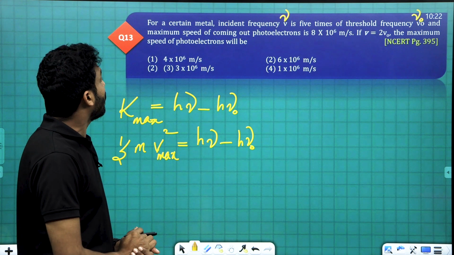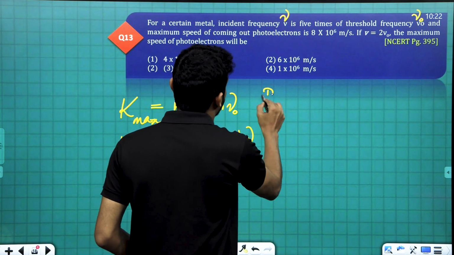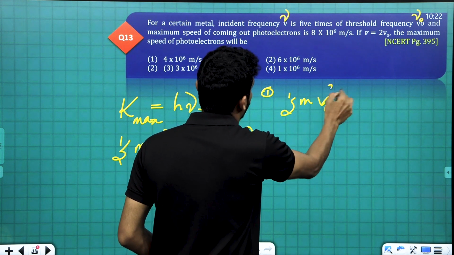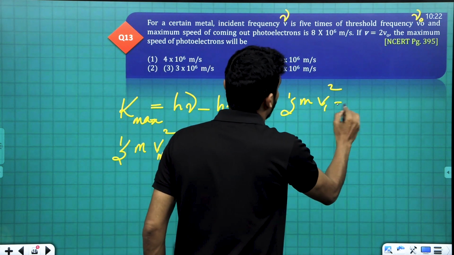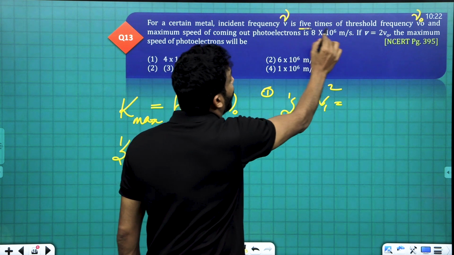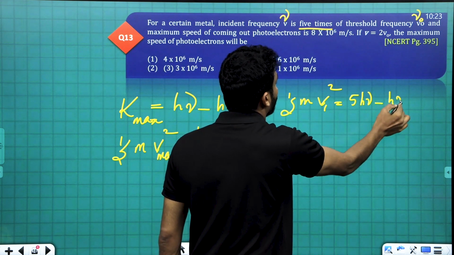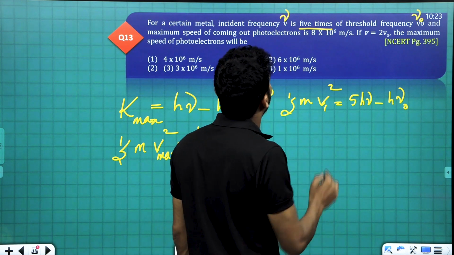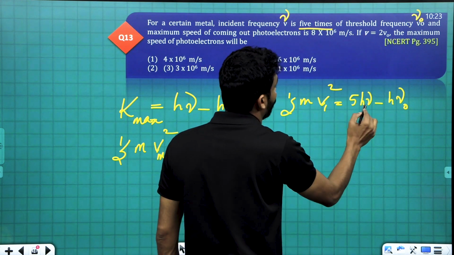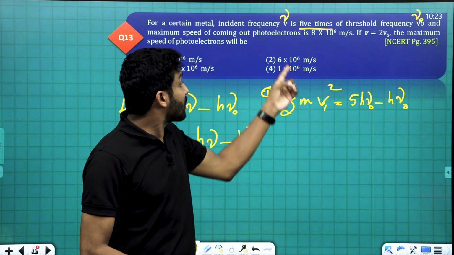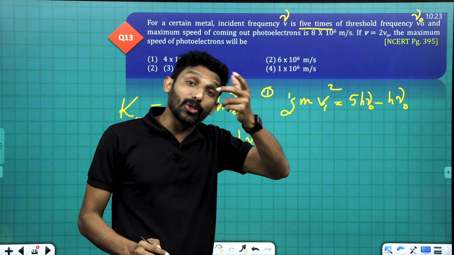Now, in the first case, half into m into V1 square is equal to, when this frequency is 5 times the threshold frequency, 5 h nu naught minus h nu naught.